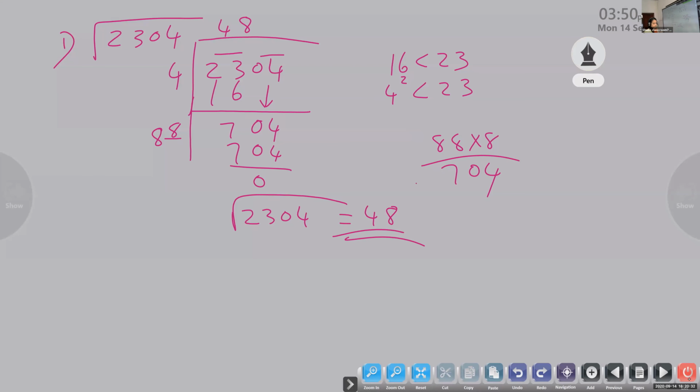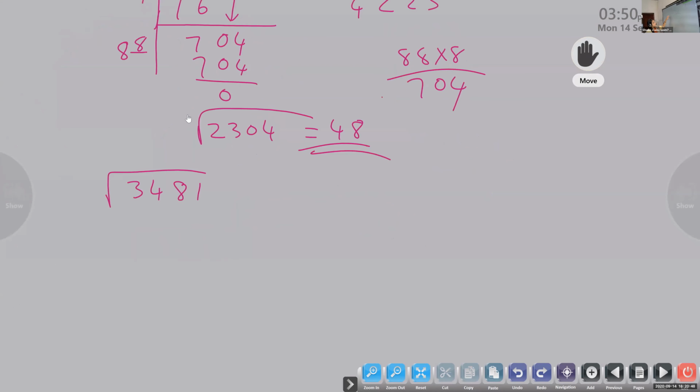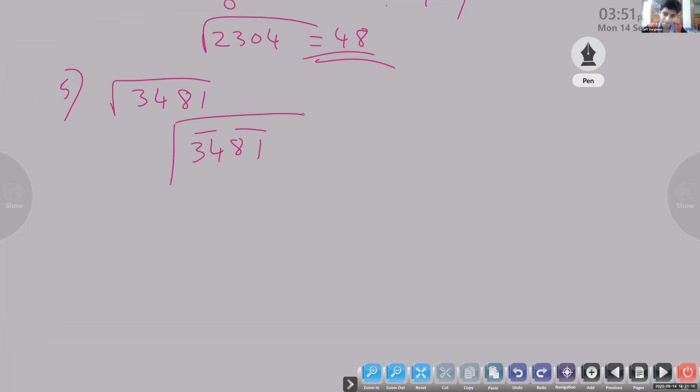Next, try to get root of 3481. This is the fifth question. 25 is less than 34, so 5 squared is less than 34.